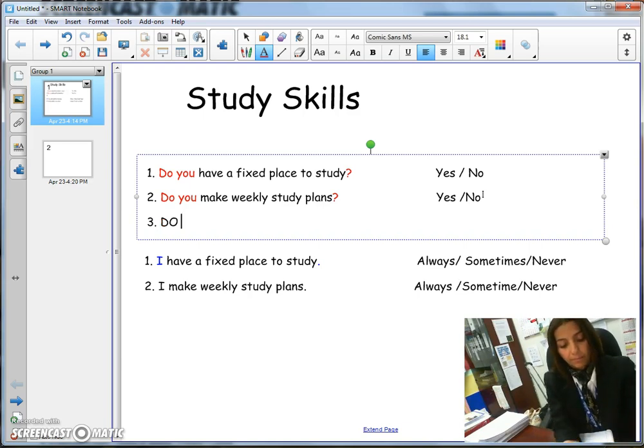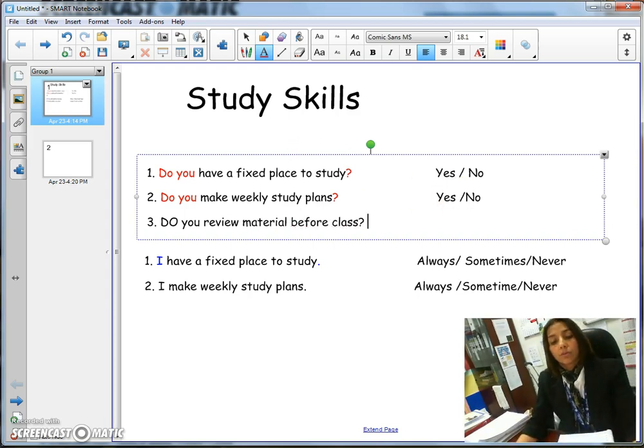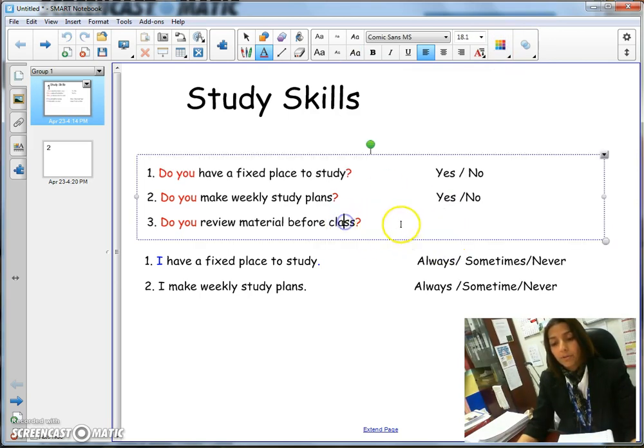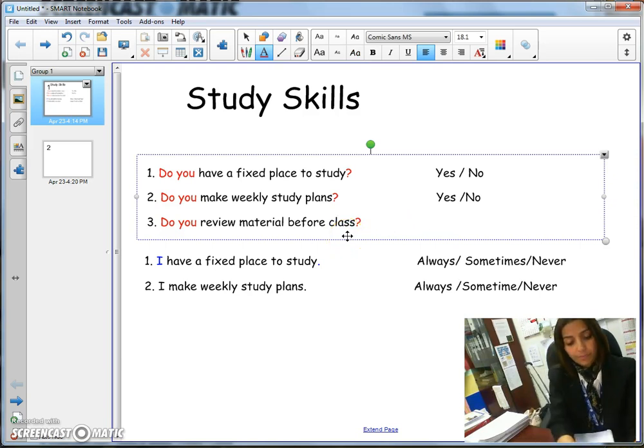Do you review material before class? So again, it's a question, "do you." So you have "do you" plus the question mark, right? And the response, of course, is going to be yes and no for this also.